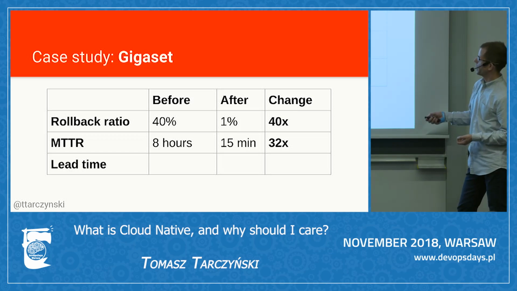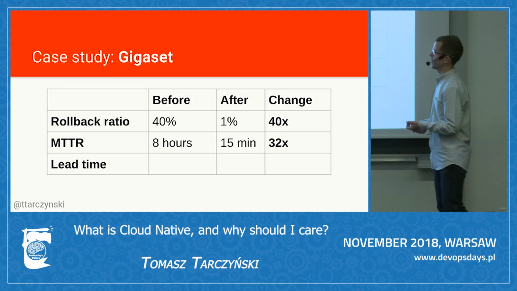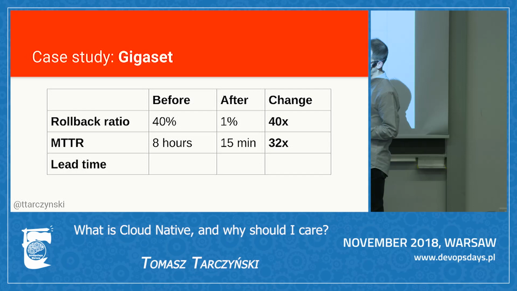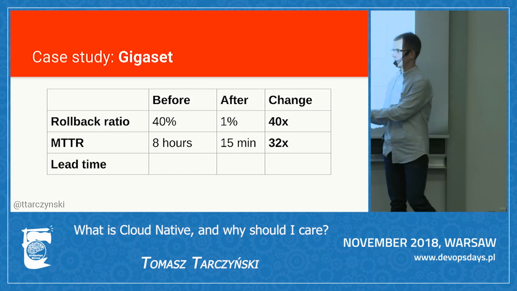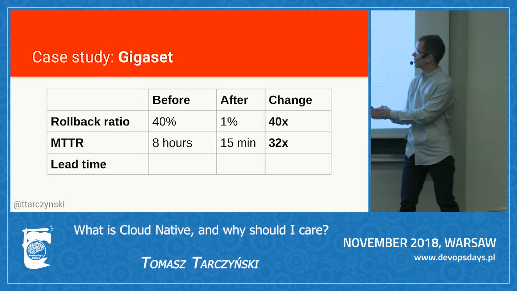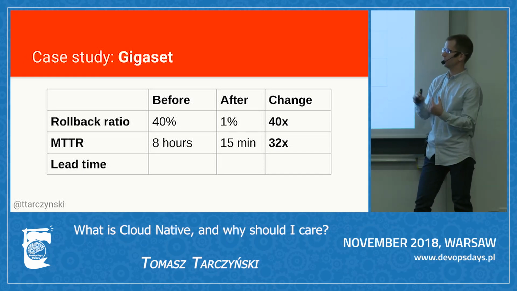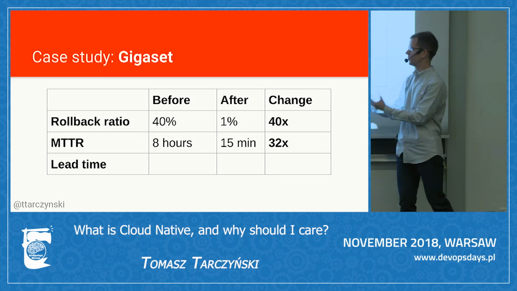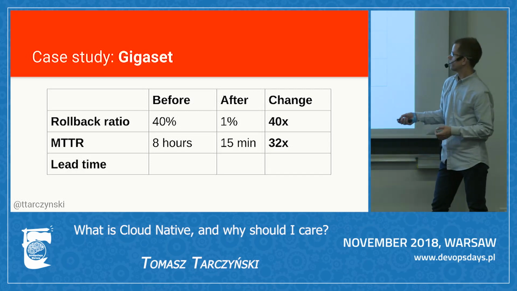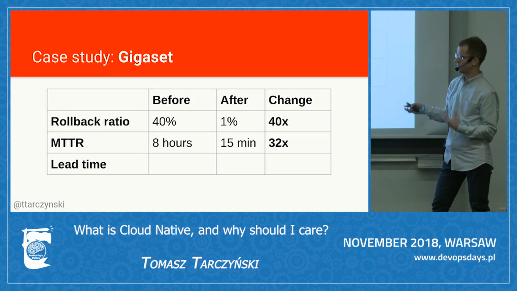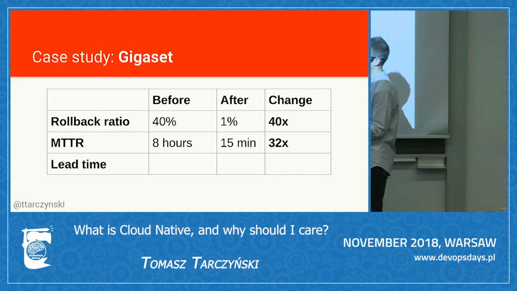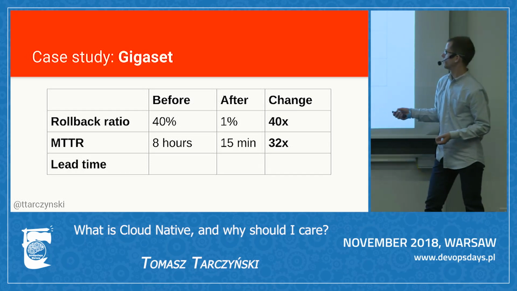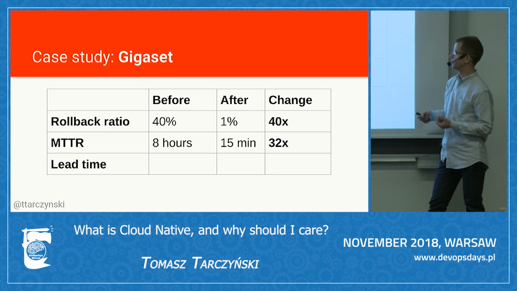Then another interesting metric to me is MTTR, so it's mean time to recovery. It means if something goes wrong on our production environment, how much time do we need to restore it to a working good state? With the old platform, it used to be on average 8 hours for us, so a big struggle to restore services. And with microservices, only 15 minutes.